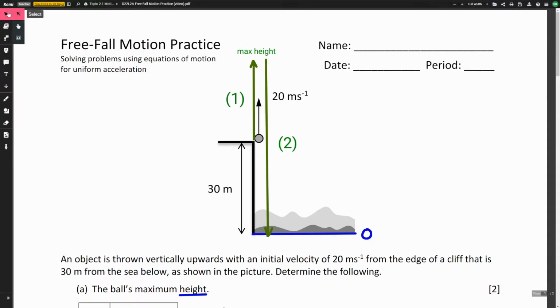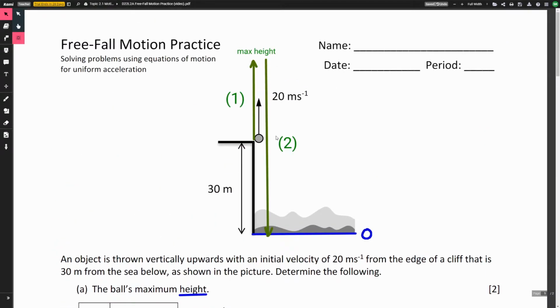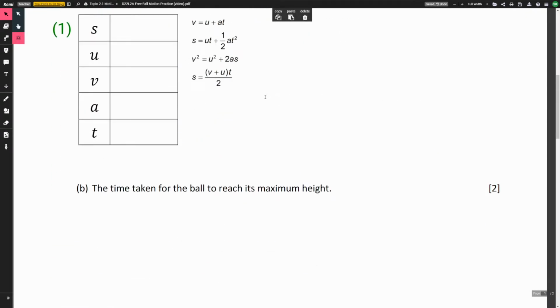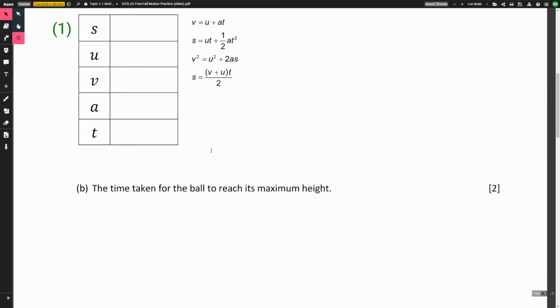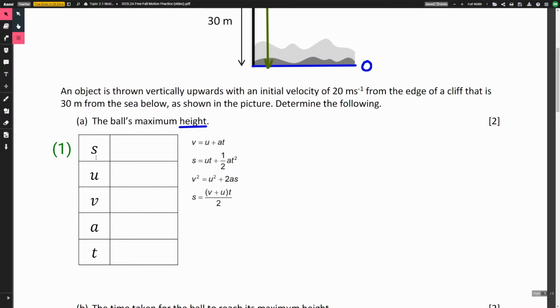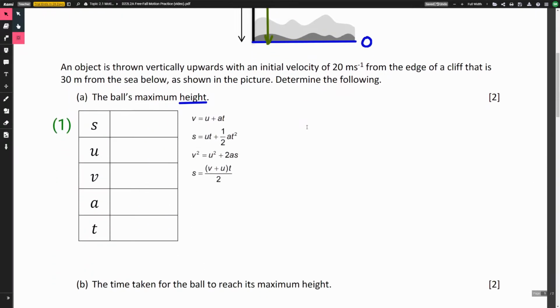To help us, I've created two Suvat tables. The first Suvat table is for the first part of the motion, and we'll use the second Suvat table for the second part. It's very important that all the quantities in a Suvat table are for the same displacement. You don't want to accidentally mix up numbers from the other part with the first part. You want to keep them separate from each other.